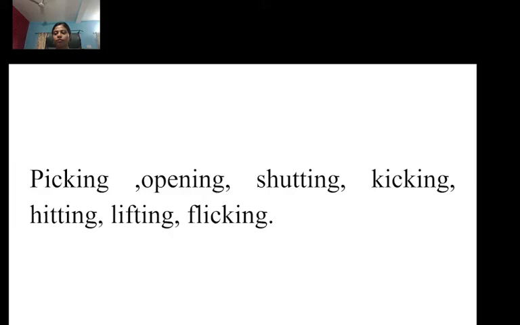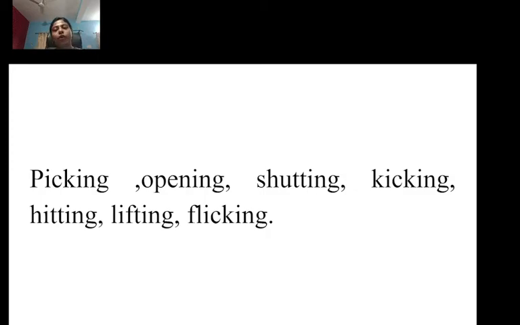Suppose I have this comb in my hand, and if I want to pick this, then what will I do? Is this push or pull? Yes, push, right? And if I want to open this bottle lid, then what do I have to do? Yes, come on, push, right?